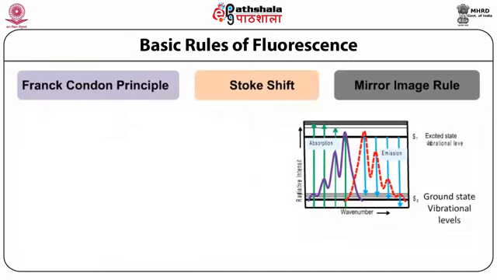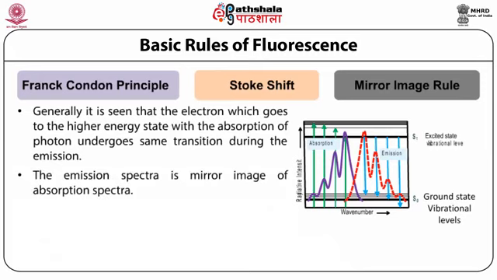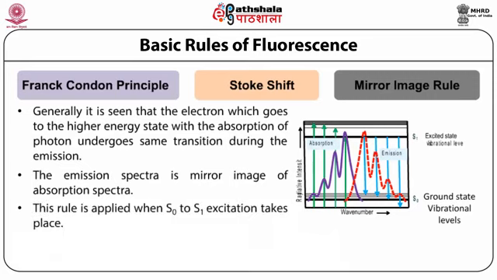Mirror image rules. Generally, it is seen that the electron which goes to the higher energy state with the absorption of photon undergoes same transition during the emission. Here, the emission spectra is mirror image of the absorption spectra.